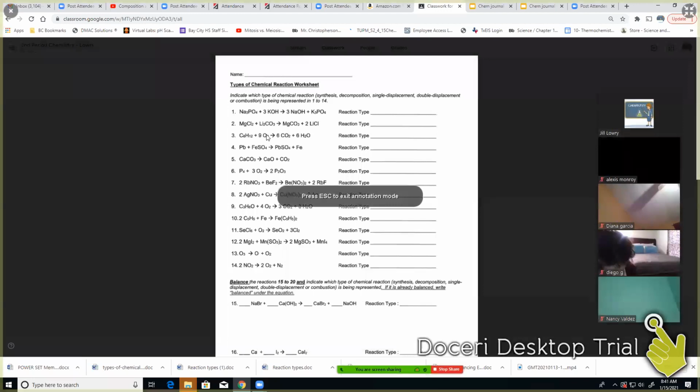So the different ways we're going to be classifying them. I'm going to write these notes. You may want to write them yourself. If it's a synthesis, we can just put that for synthesis. The thing that gives away a synthesis is that it has one product.